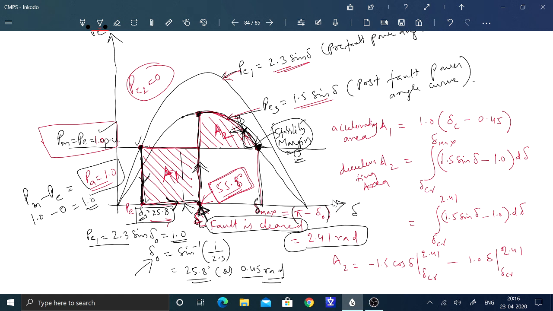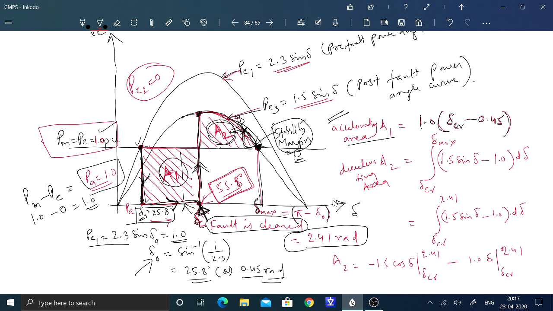Okay, so what is the equal area criterion? Area 1, the accelerating area, should be equal to the decelerating area for the system to be critically stable. So write down the equations. The accelerating area A1 is equal to 1 into delta CR minus 0.45.